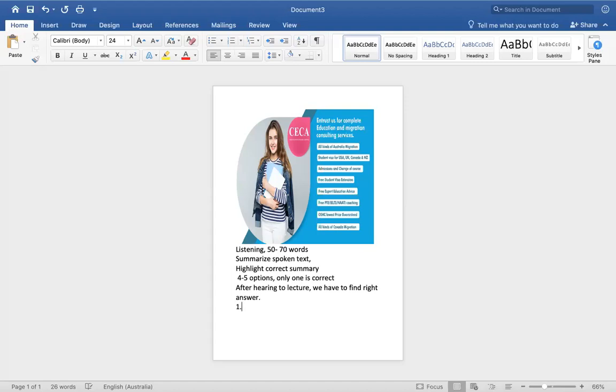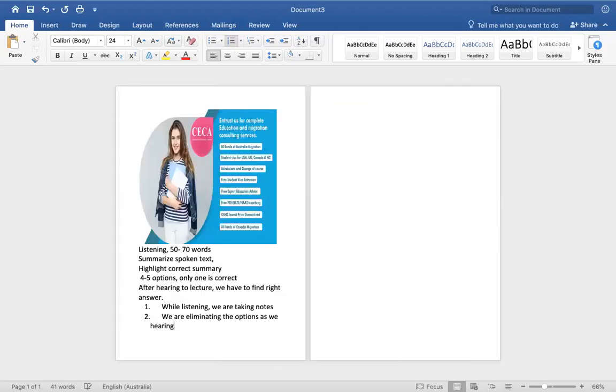One thing we can do while we are listening to the lecture is take notes, right? And the other strategy for this question is eliminating the options as we hear them. So there are 2 things we can opt for here.